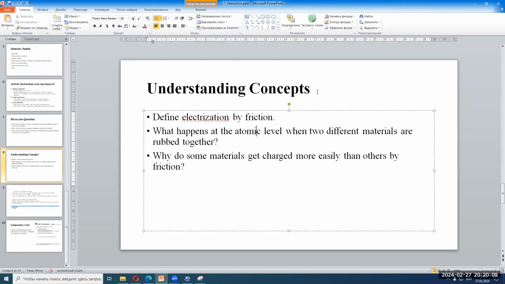Actually, our course is for teachers, so we assume they know something about electrization. Our course is not for students. Is it static electricity, electrons?